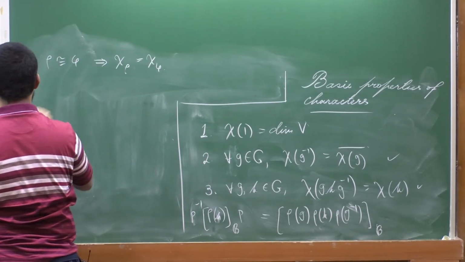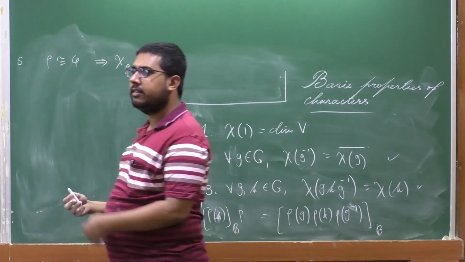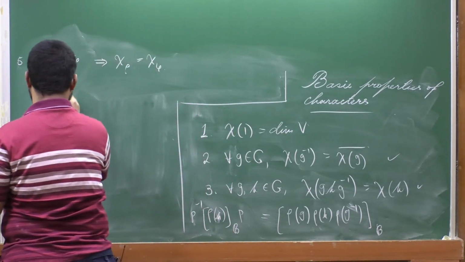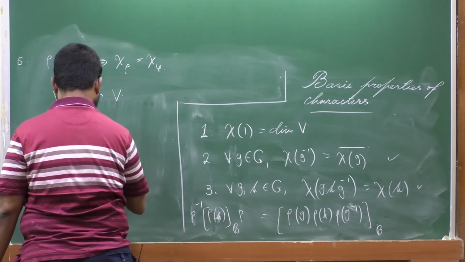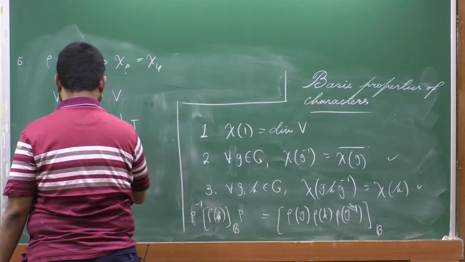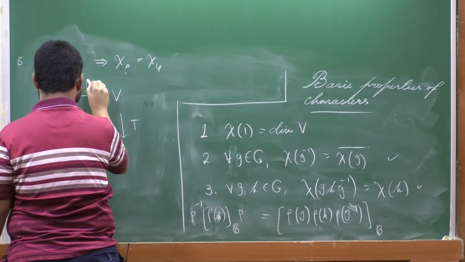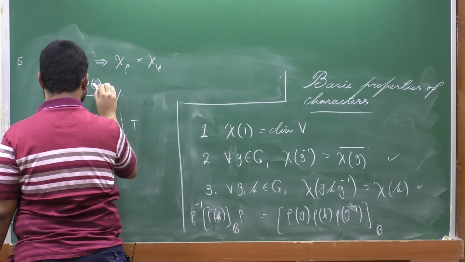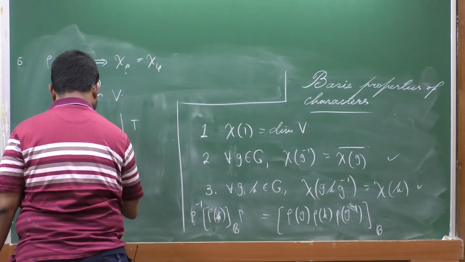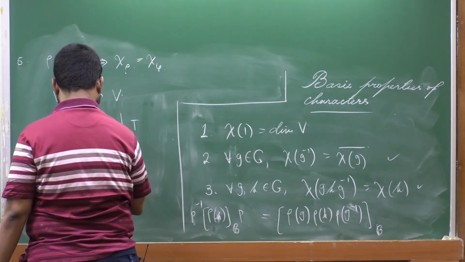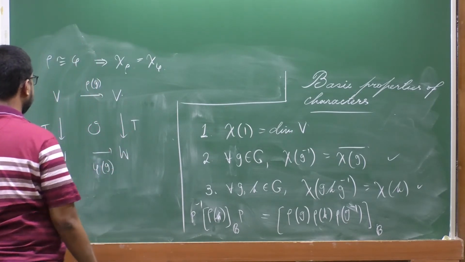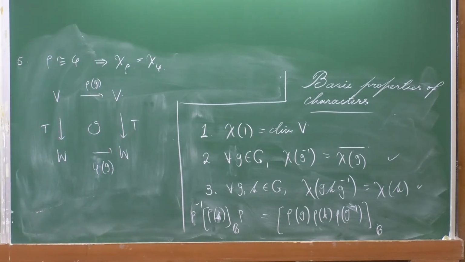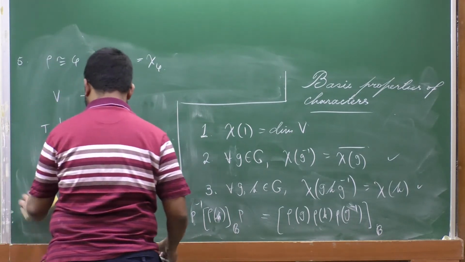Isomorphic means there is a G invariant linear map. This easily follows from this diagram. So we have a G invariant isomorphism. This is phi.